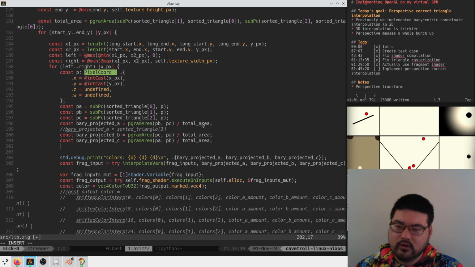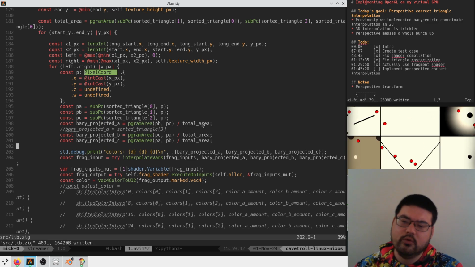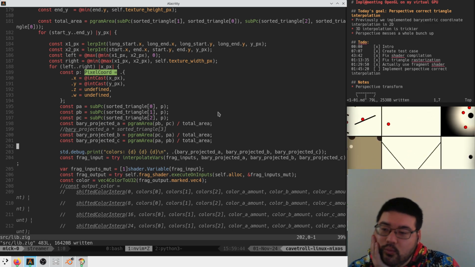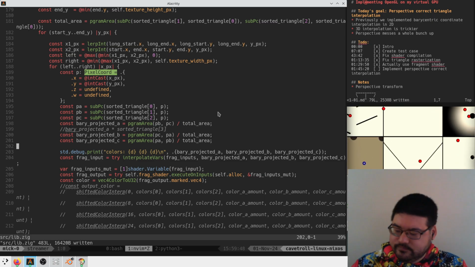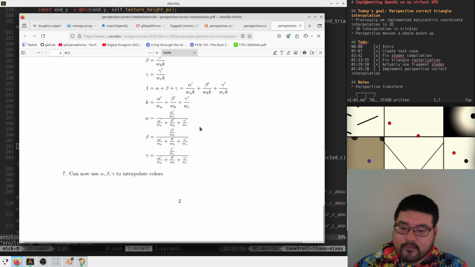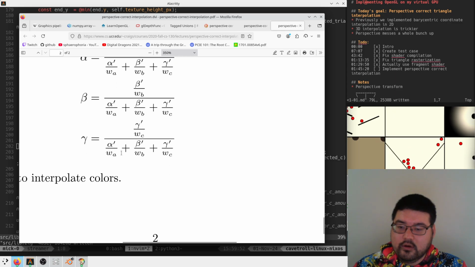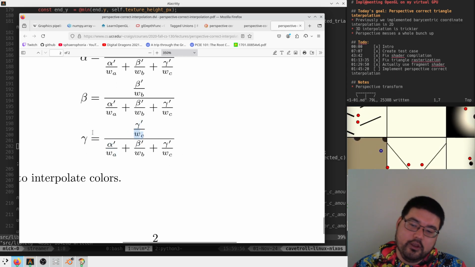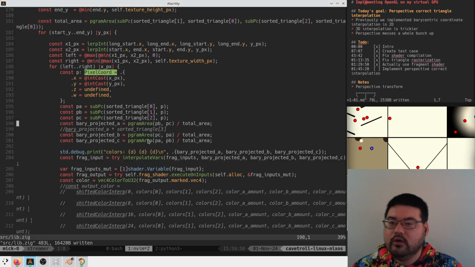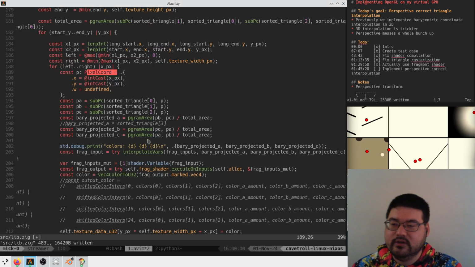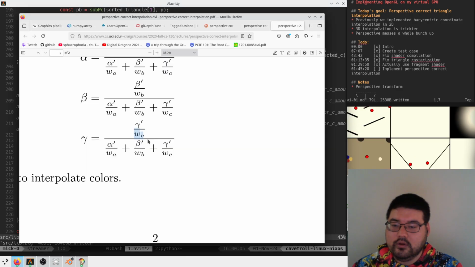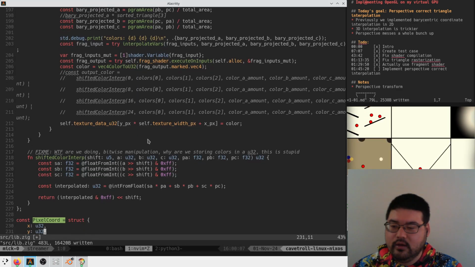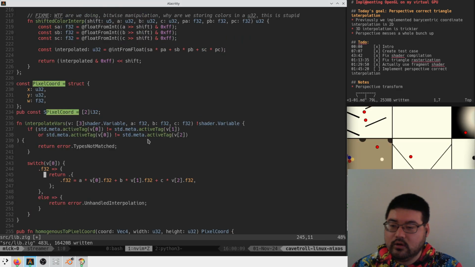Do we even need the z value? What are we trying to get here? We are trying to get here, right? So we actually don't need the z value. We only need the w value. So let's just do this. Yep.